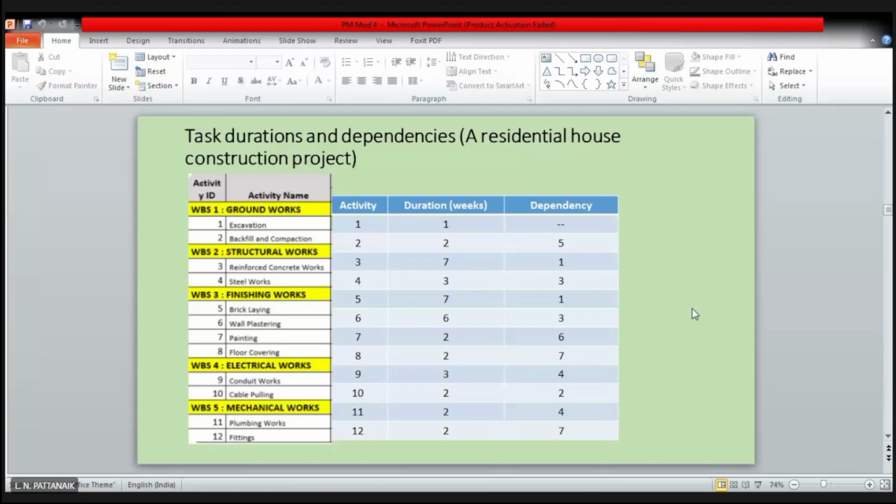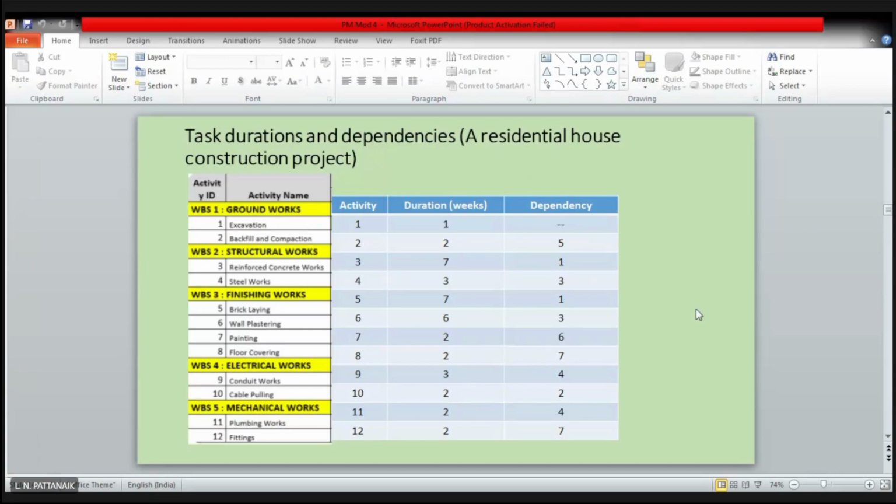You can see there are 12 activities identified in the construction of a house project, right? If you are going to complete the house project, you have to complete these 12 activities separately. All these 12 activities need to be completed.